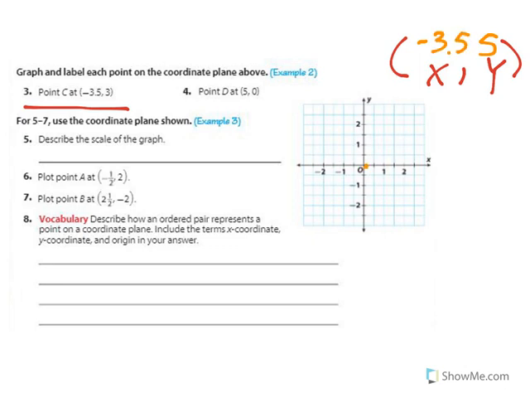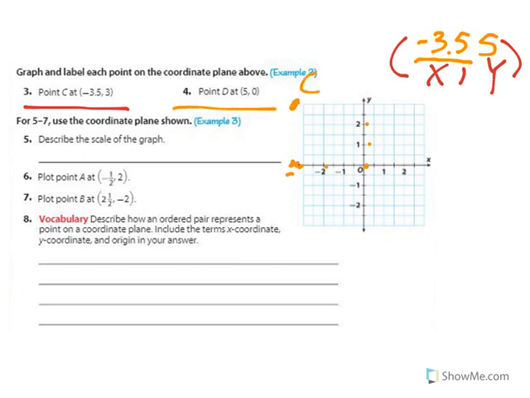I start in the middle, right? Now I'm going to go -3.5 across. So there's -2, -3 would be over here, right? And that's kind of off the graph. Alright, so it's going to be there. And then we're going to go up 3, the second number, right? So we got 1, 2, and 3 would be at the very top. So that would be here. So that is point C.